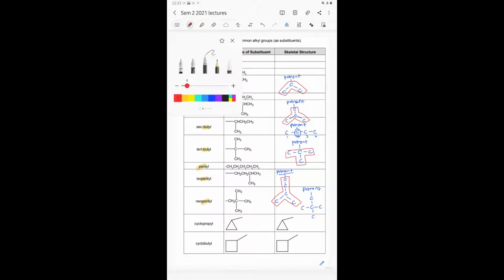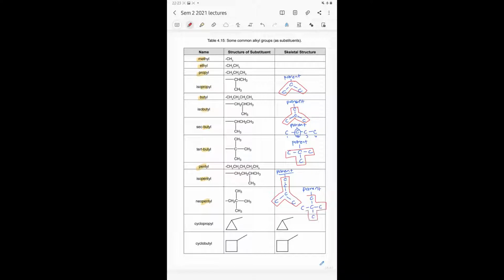Okay, and the shape is like a small t. Okay, so neopentyl. So this is how we remember some shapes of alkyl groups, which act as the substituents.